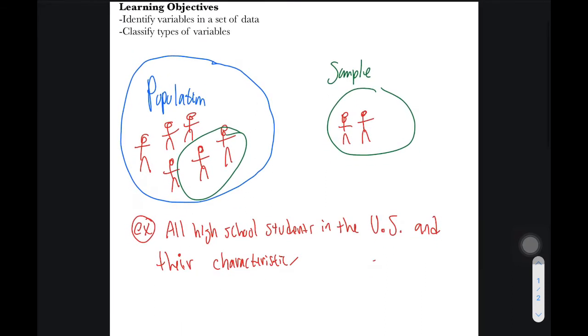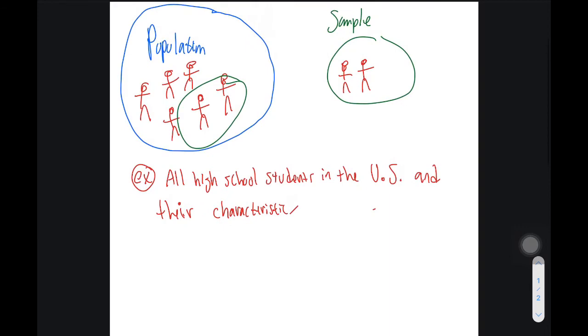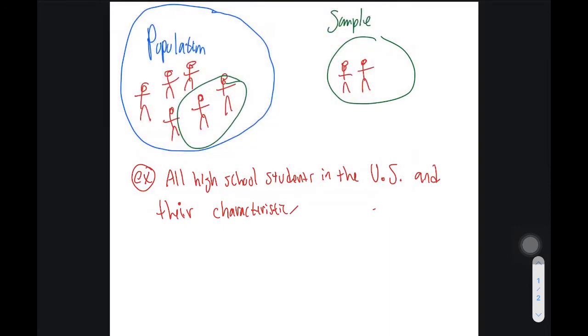Anyways, so in this example, we're looking at all high school students in the U.S. and their characteristics. So what can we talk about with high school students? Well, the population that we would like to look at is all high school students.